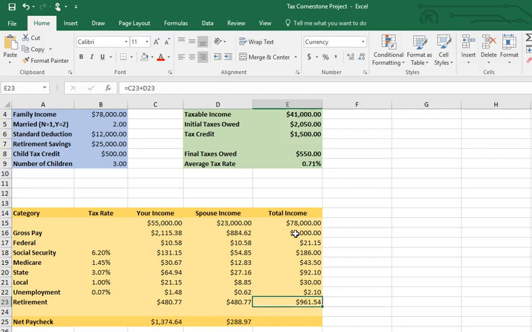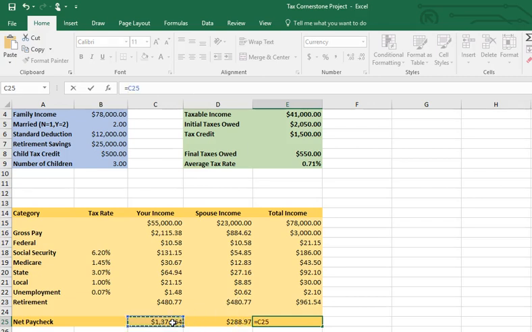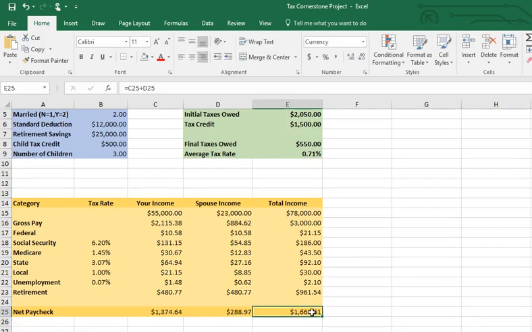Here's the total retirement. And then what I really should have here, let's finish this off, is this last box here at the bottom, which is going to be your paycheck plus your spouse's paycheck. So we're going to do C25, and then we're going to say plus D25, and that's going to give you this number right here. And then I'm going to highlight these 3 down here.